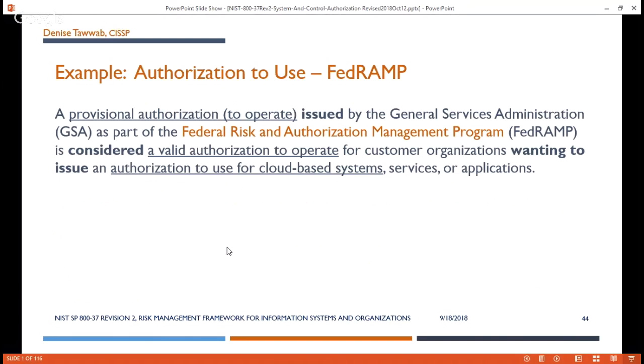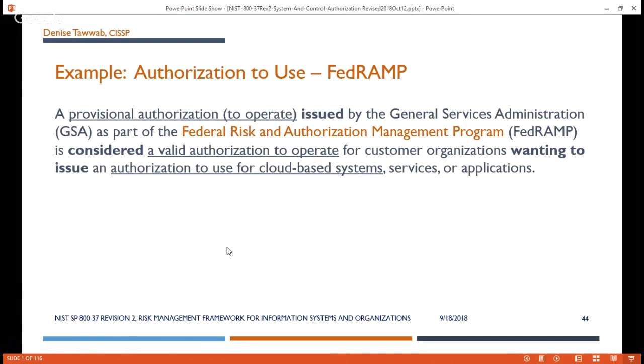So, if a cloud service provider wants to provide their services to the federal government, they have to go through a FedRAMP process. They go through the Federal Risk and Authorization Management Program, where they get an authorization to operate issued by the GSA, and independent auditors are involved. So independent people come in and assess their systems to make sure that their controls meet the FedRAMP requirements.